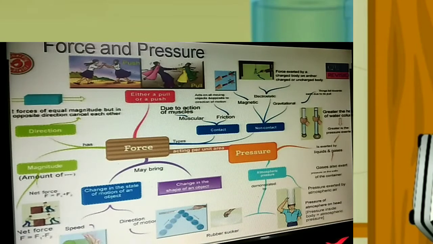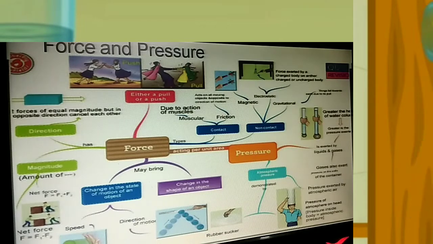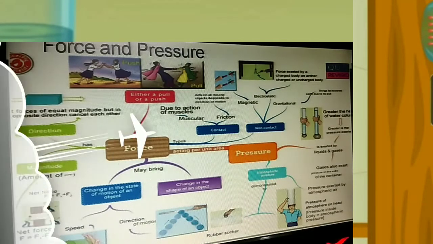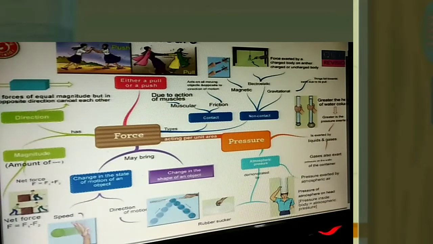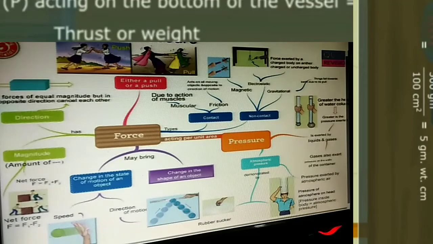If the forces are equal in magnitude but opposite in direction, then they are called balanced forces. Then the net force or resultant force will be zero, because forces of equal magnitude but opposite direction cancel each other. So the magnitude of force will become zero. So this is called the net force or resultant force.